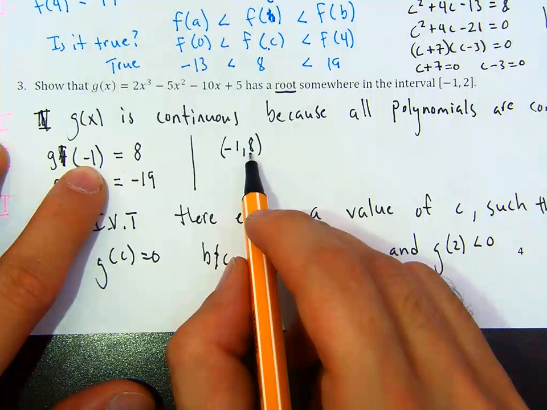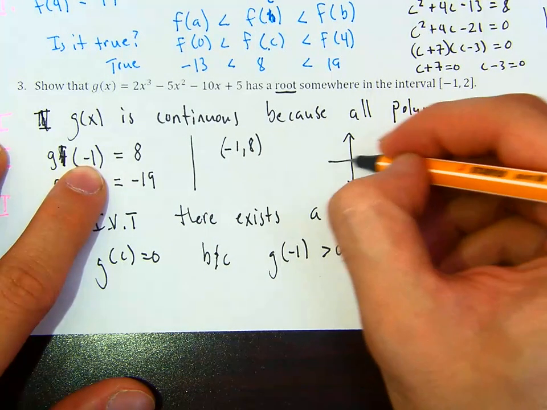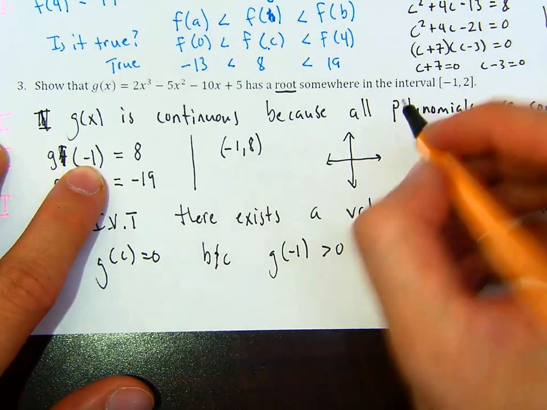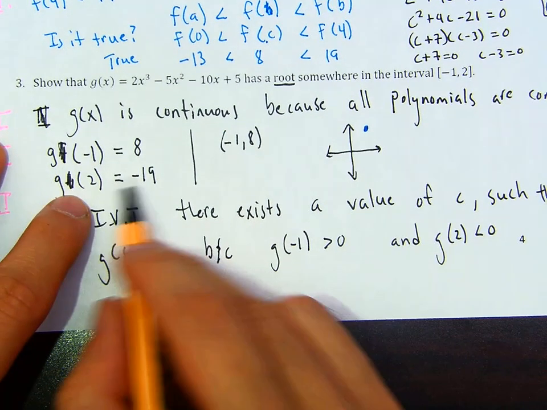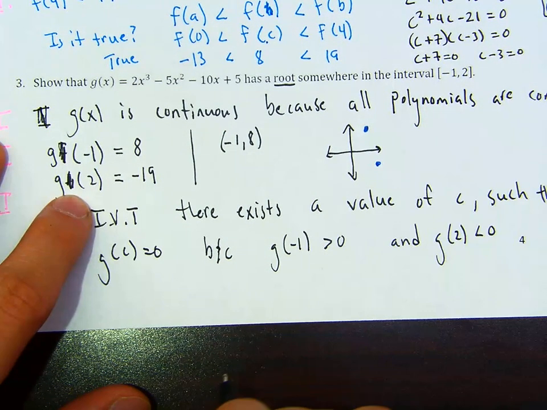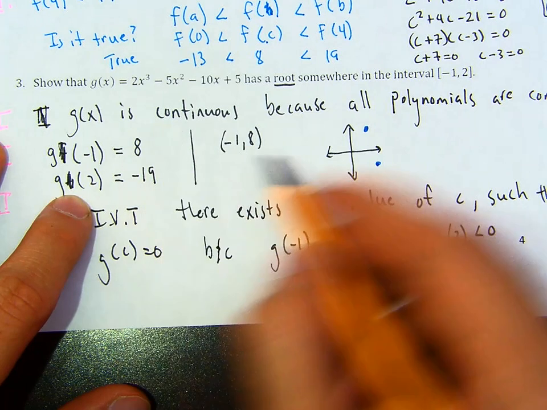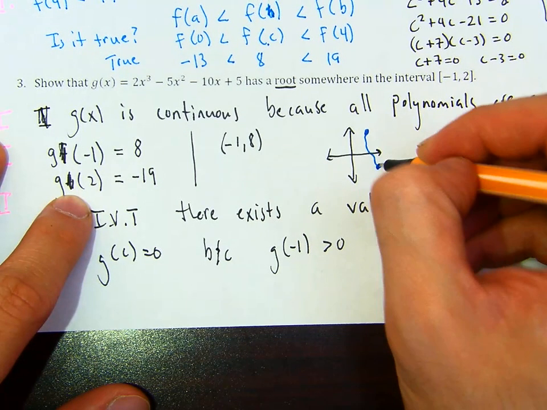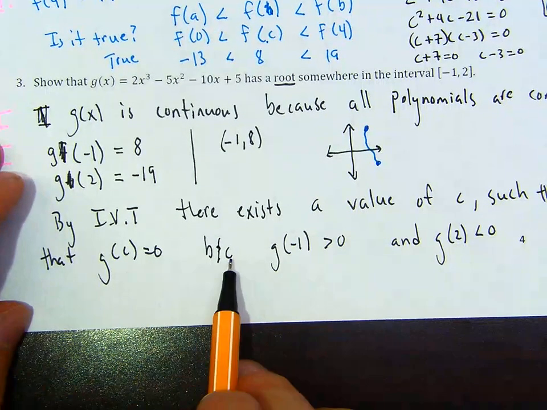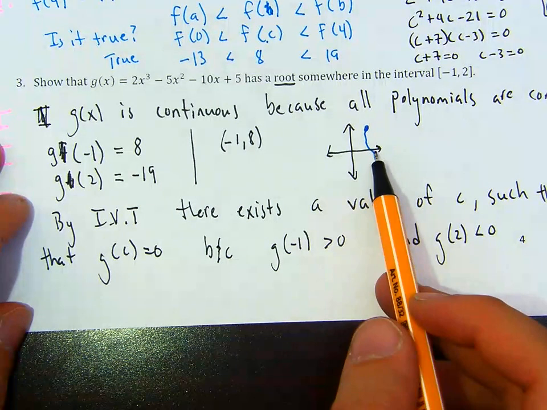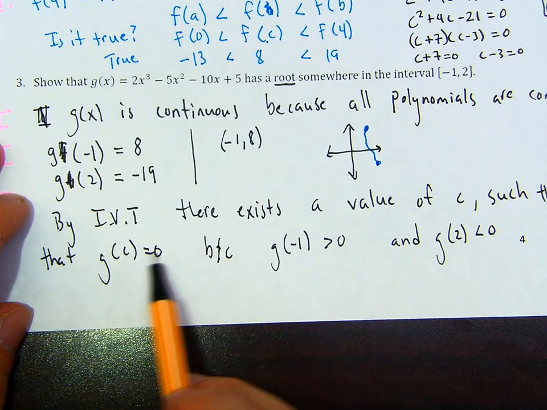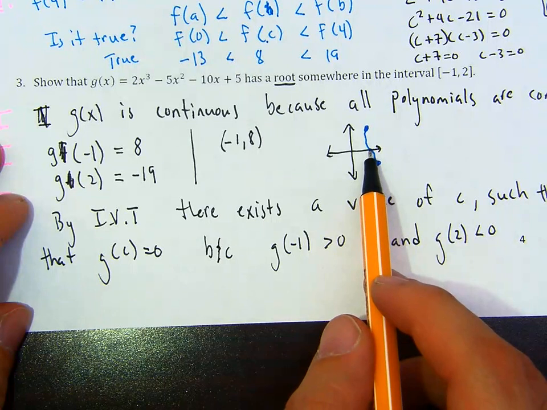And notice this point, is it above or below the x-axis? It's somewhere over here, it's above. What about this point, 2, negative 19? It's below. And what do you know about this function? It's continuous, so there has to be a value of c such that g of c is 0, that it intersects and the y value is 0, okay?